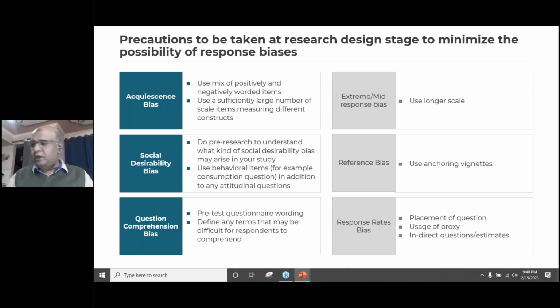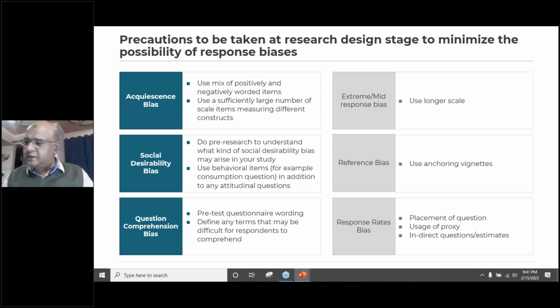Reference bias, which we have already seen, and where we have said that anchoring vignettes is a good way to proceed, provided we understand that the techniques might end up becoming very sophisticated, and it would not be possible to do that if we have anchoring vignettes for every attitudinal question.